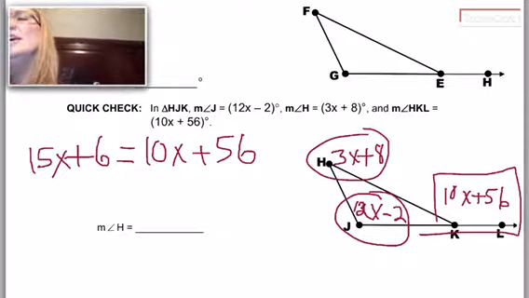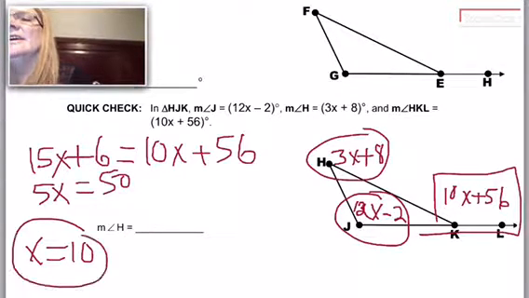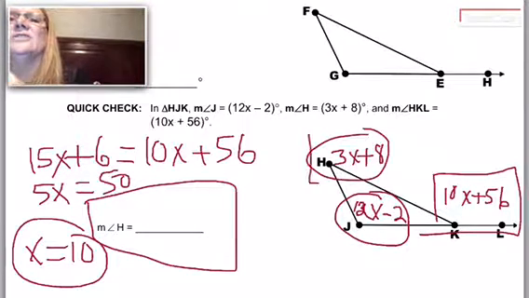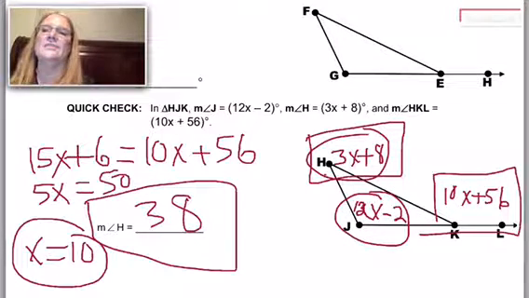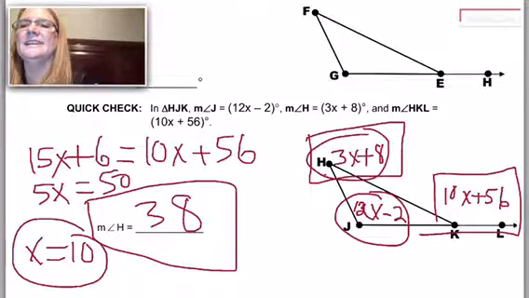Subtract 10x from both sides, and you get 5x. Subtract 6 from both sides, and you get 50. And so x is 10. And then be sure and go back and answer the question that is asked. What is H? H is right here. So 3 times 10 plus 8 is 38 degrees. Okay, that's the end of the video.